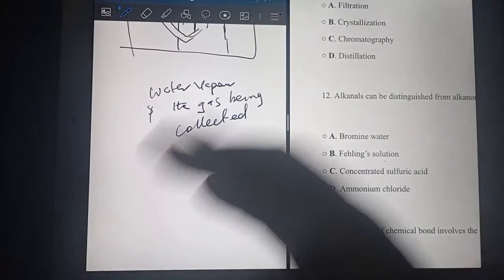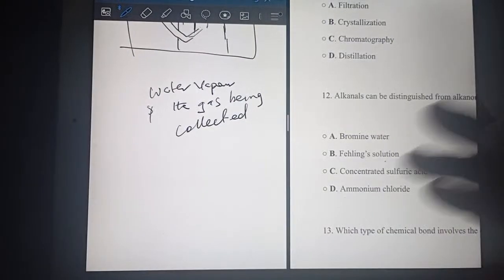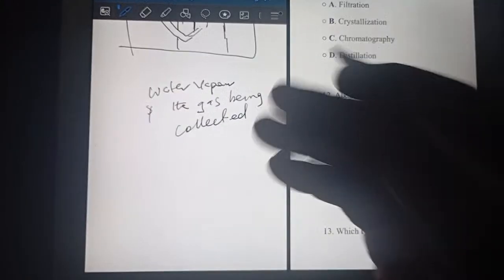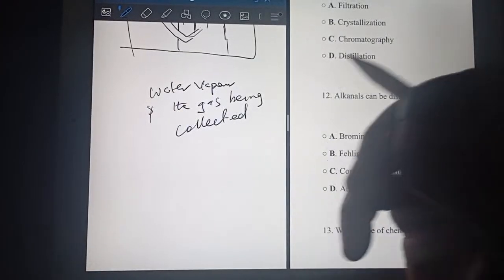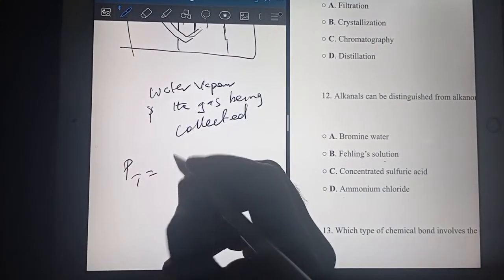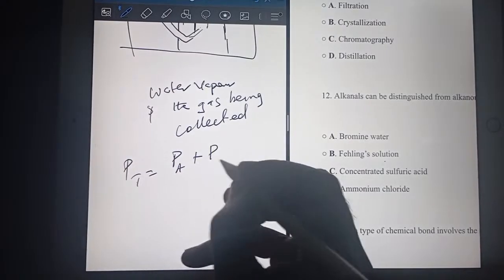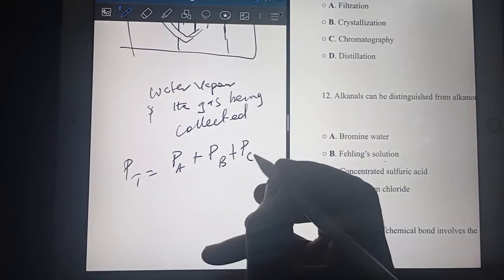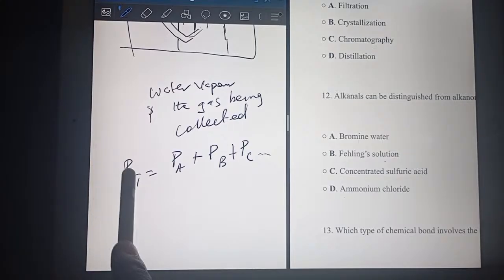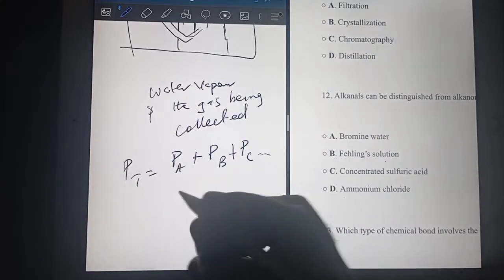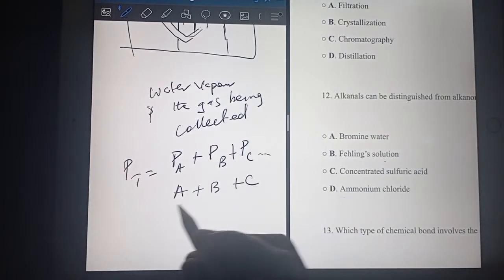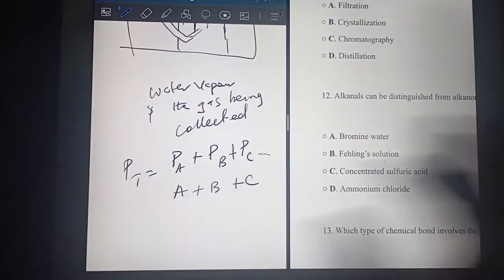So in a gaseous mixture of gases that do not chemically combine, the total pressure exerted is equal to the sum of the individual pressures. So P total is equal to PA plus PB plus PC and so on. This is when the mixture is made up of gas A, gas B, gas C. Remember, the condition is that these will not chemically combine.